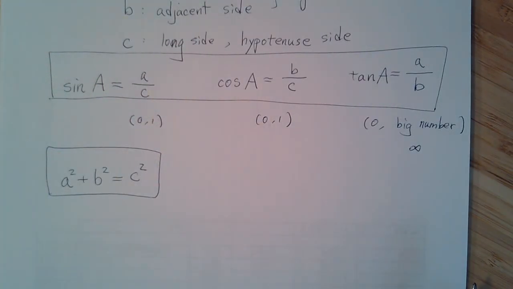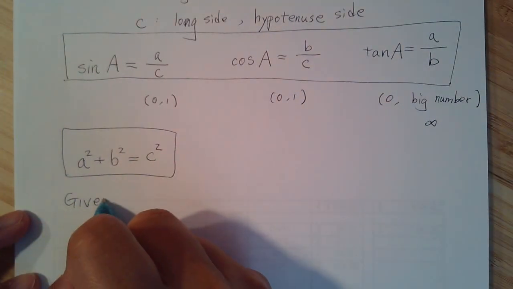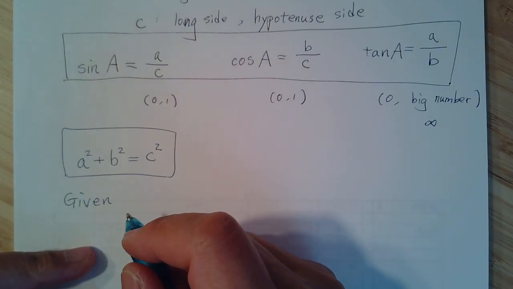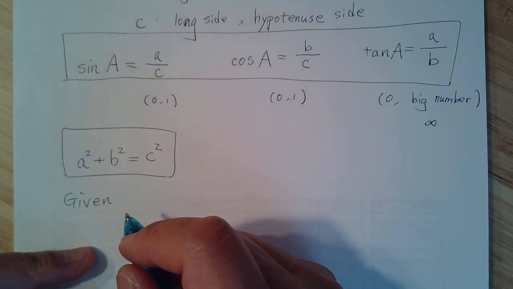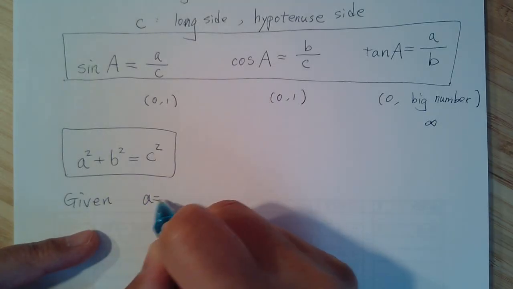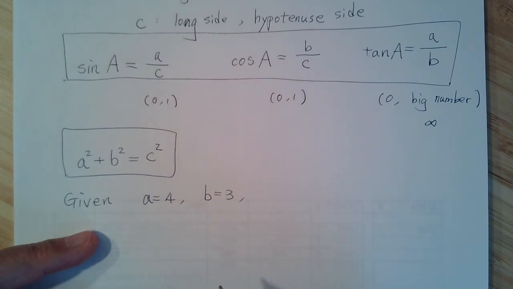Now, if I ask you to find the sine, cosine, and tangent of an angle inside this right triangle, let's see. I'll give you one example here. Given two sides, I give you A equals 4 and B equals 3.